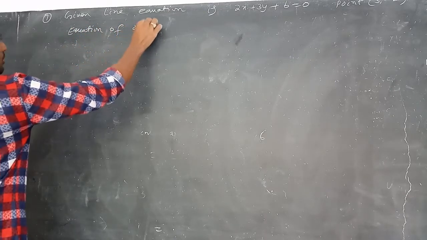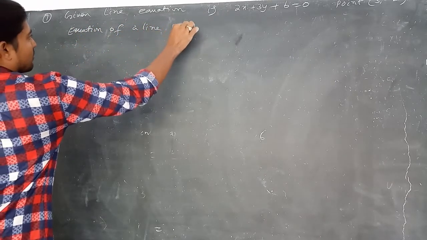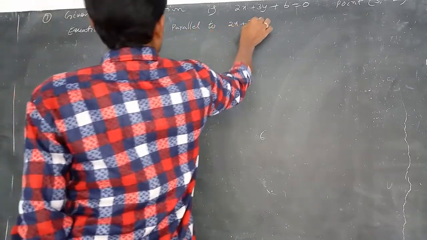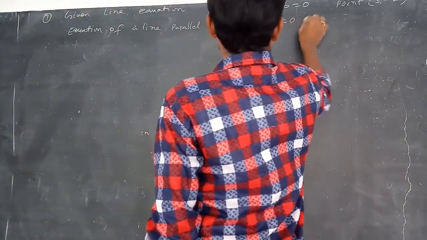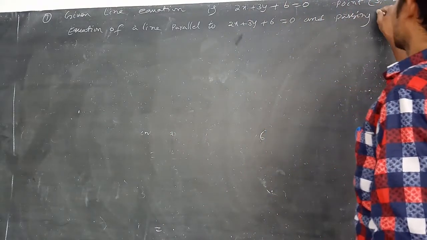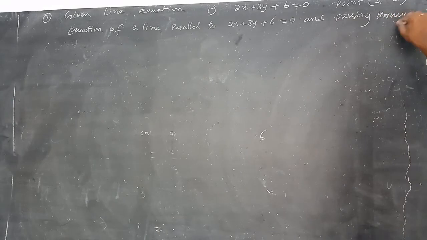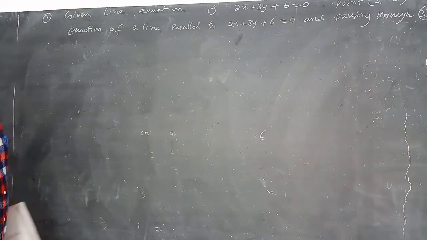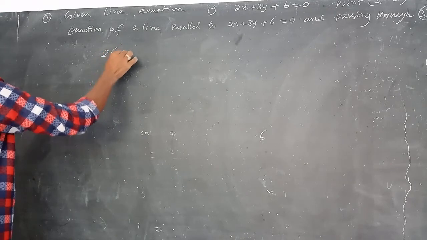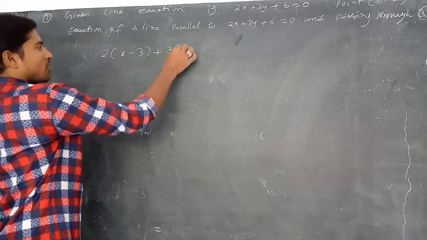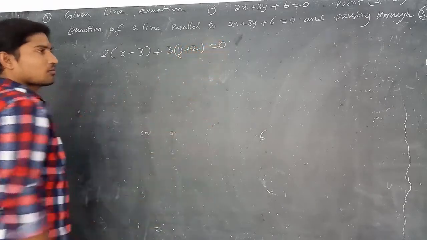Equation of a line parallel to 2x plus 3y plus 6 equal to 0 and passing through 3 comma minus 2 is a into x minus x1, 2 into x minus 3 plus b into y minus y1, y plus 2 equal to 0.